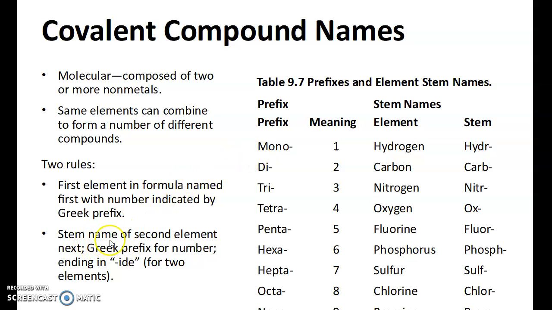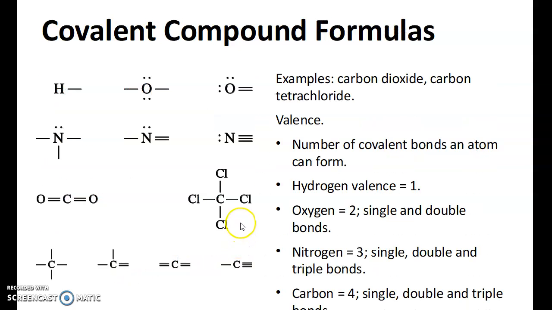The stem name for the second element comes next. And again, it's preceded by this prefix, and then "ide" if there's only 2. Okay, here you have covalent compounds of different molecules. Hydrogen usually has just 1 bond.